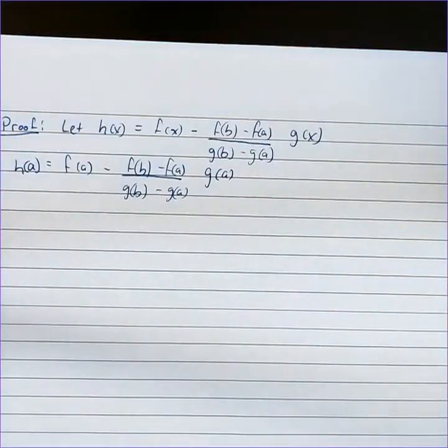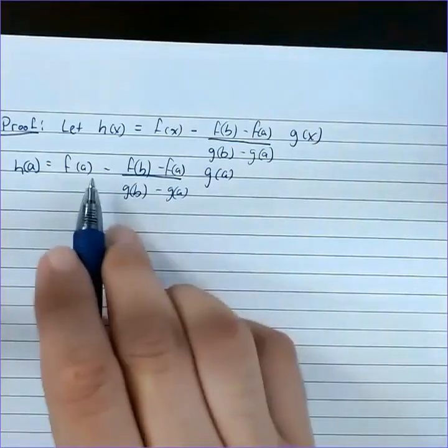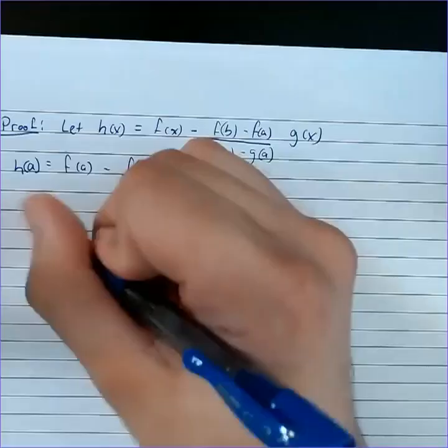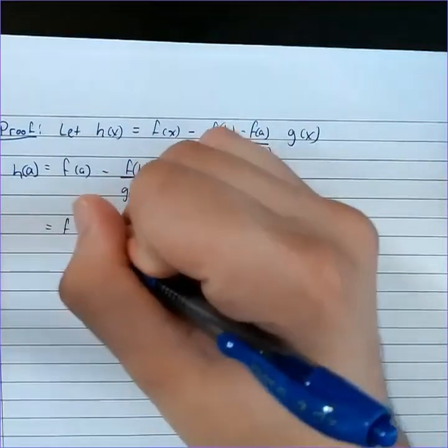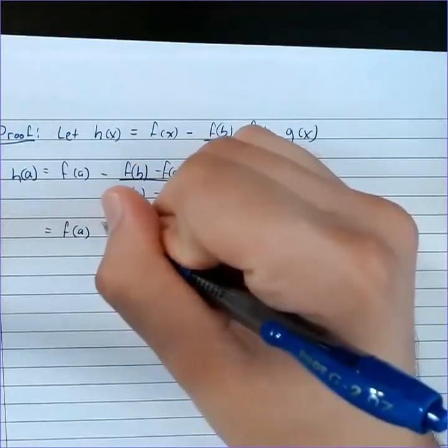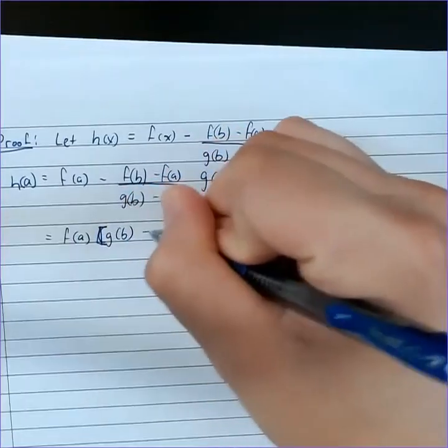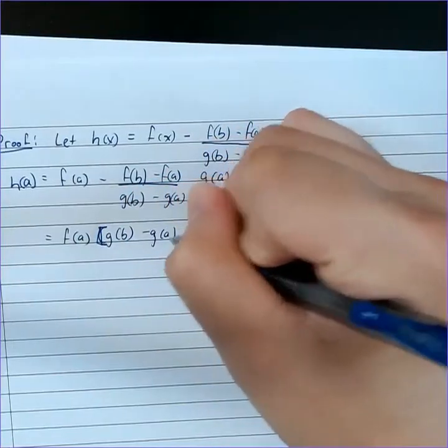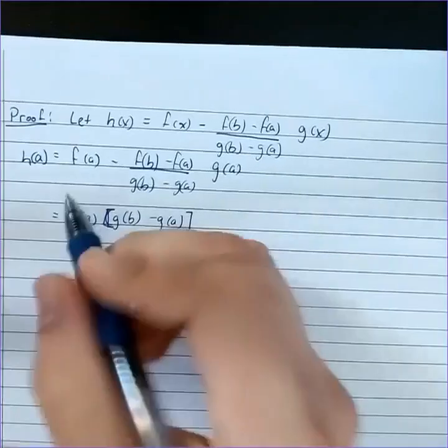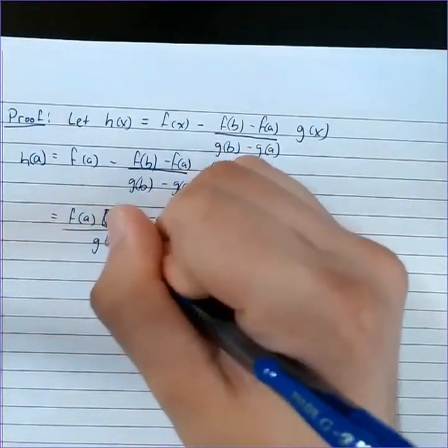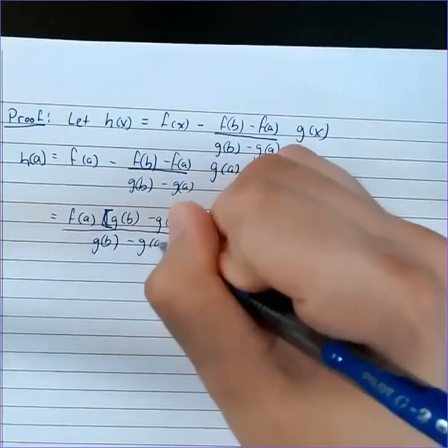I could then combine these two expressions together by just giving them a common denominator. So I could write this as f at a times, let me put that in brackets, g at b minus g at a over, and again, I'm just going to give them the common denominator, g at b minus g at a.